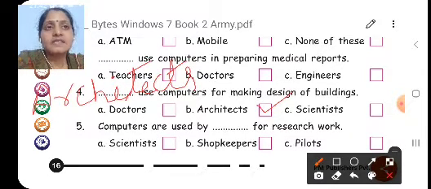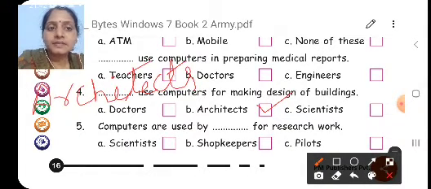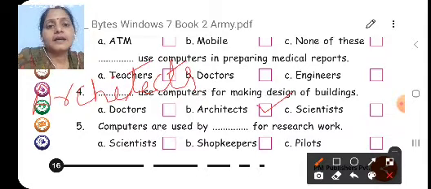So children, scientists, shopkeepers, pilots. As we know children, shopkeepers own the shop, pilots fly planes, and scientists do researches or research work.